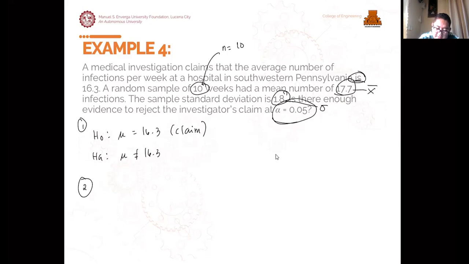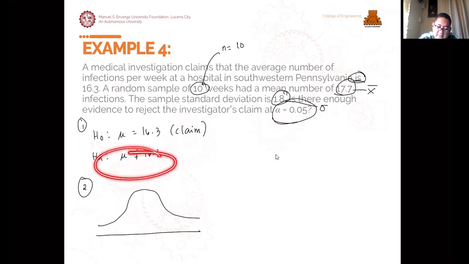So, our graph will be like that. Since our alternative is not equal, it means we are two-tailed, but we do not know its value yet.